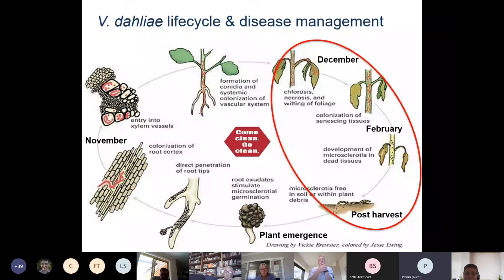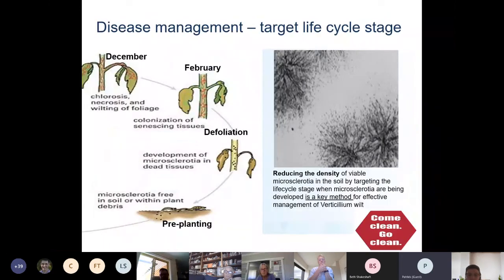So once again, concentrating on when microsclerotia are formed. So it's as early as just before December through to February. And the important point here is we're trying to reduce the density of the viable microsclerotia in the soil by targeting the life cycle stage when these microsclerotia are being developed. And the key point here is before they're returned to the soil in the dead and dying tissue.